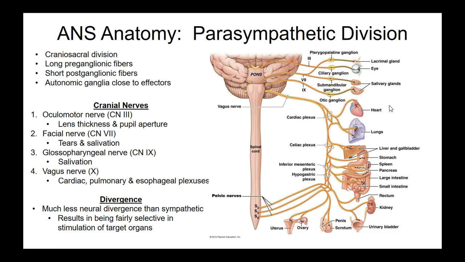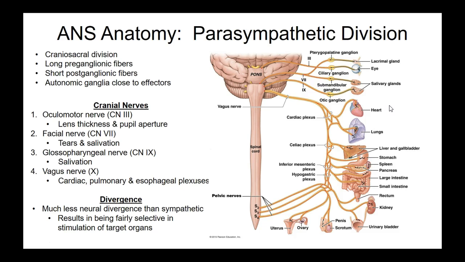Because that preganglionic neuron is long. It almost makes its way all the way to the target, right? And so if it's almost all the way to its target, its destination, there's not too many different ways to get there. Now, if you just have left A to go to B, you have a lot more options, right?